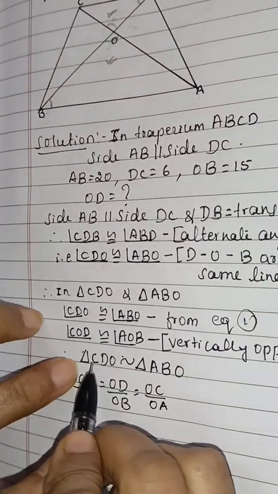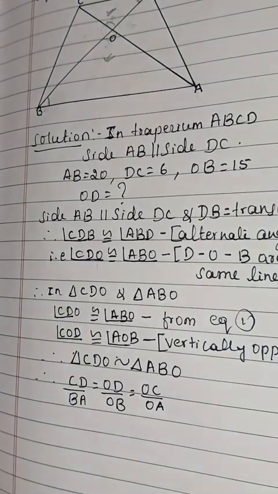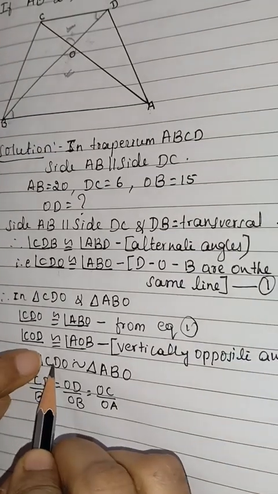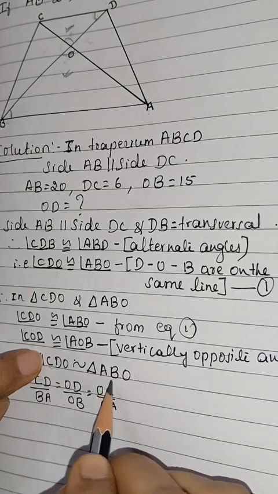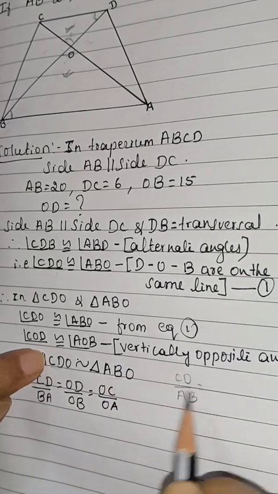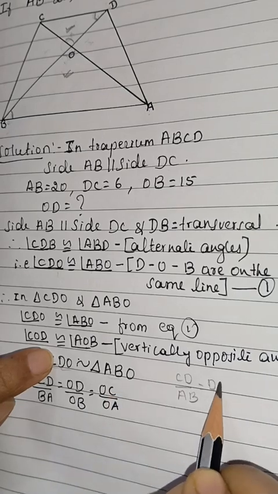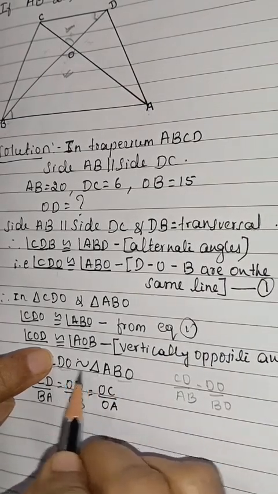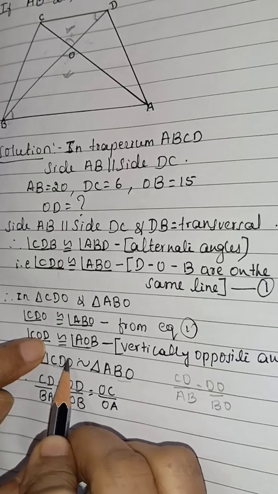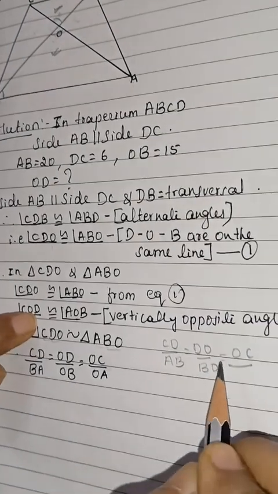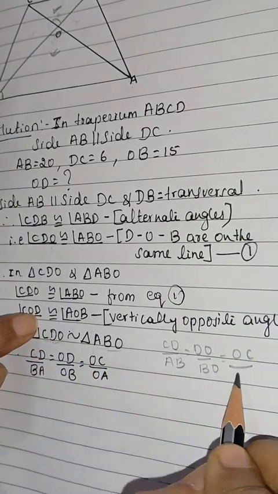In these two triangles we write corresponding sides this way: CD by AB, DO by BO, then OC by OA.